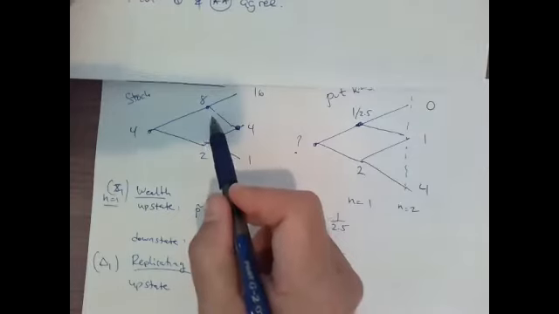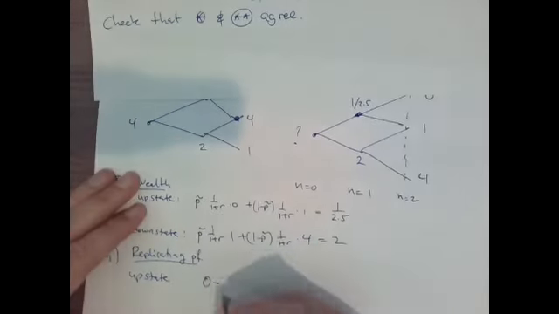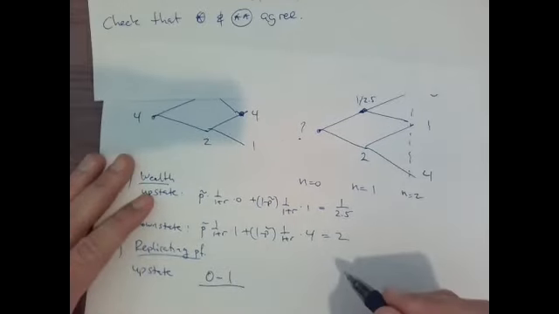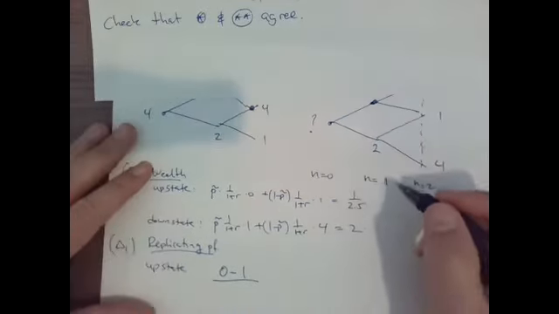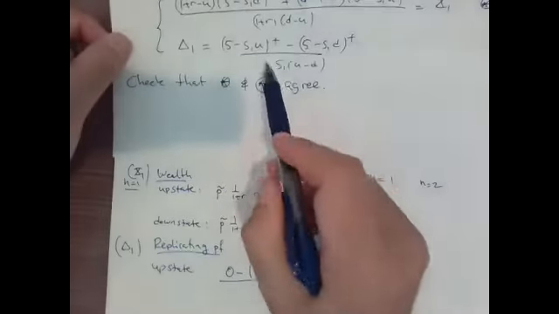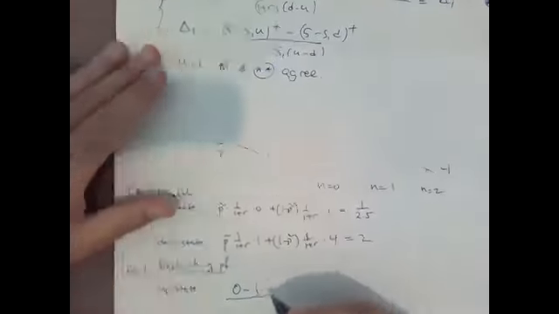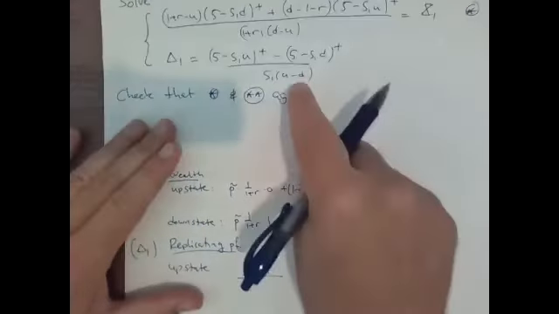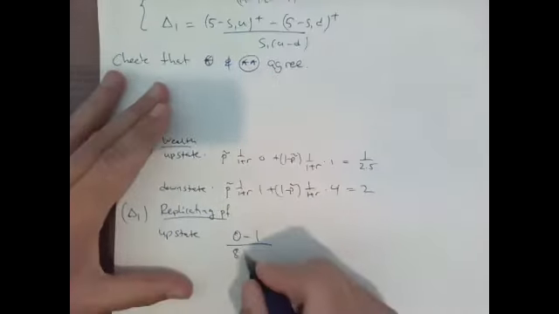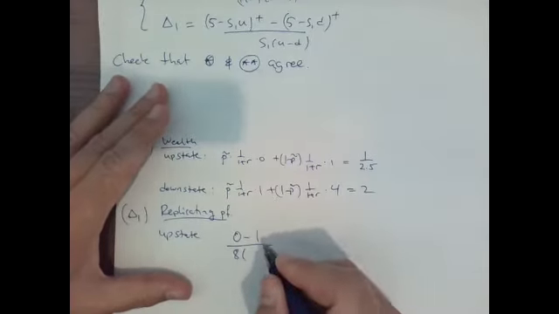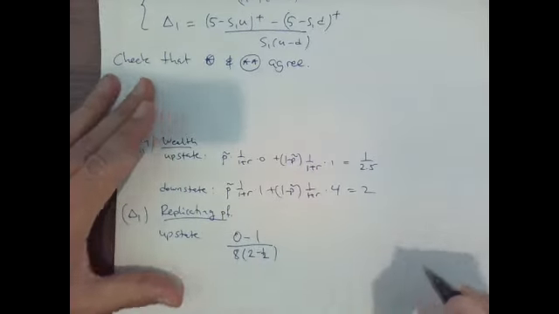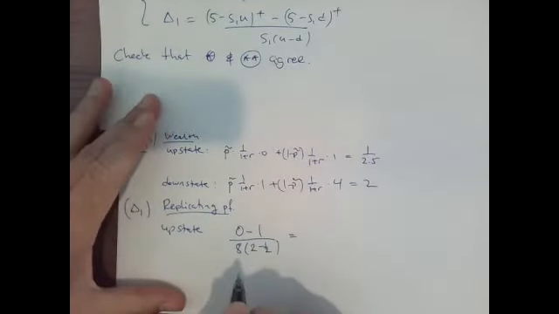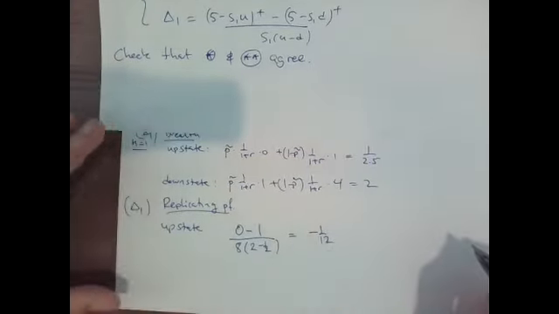So this is 5 minus 4, that's a 1, divided by 8, S1, this was 8, times U minus D. U minus D was 2 minus a half. I think, yeah, that's what we get. This is equal to minus 1 over 12.